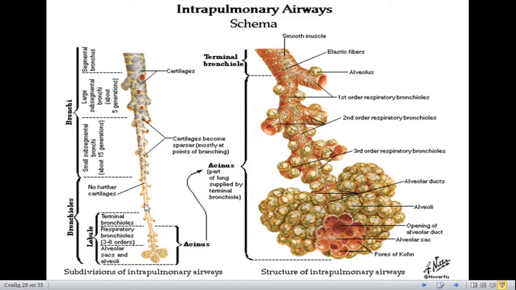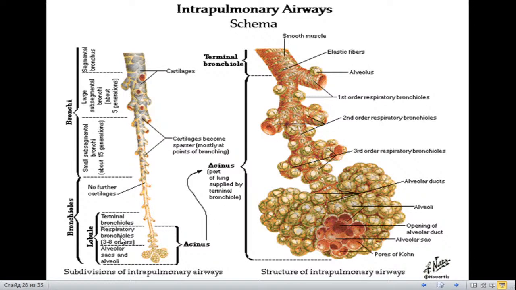Finally all this divides into the terminal bronchioles, and all structures which divide from a terminal bronchiole get the name acinus. The structural functional unit of the lung is the acinus, and it's all structures which begin from one terminal bronchiole.